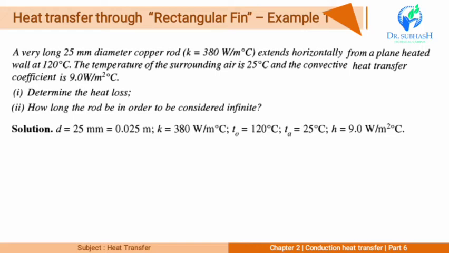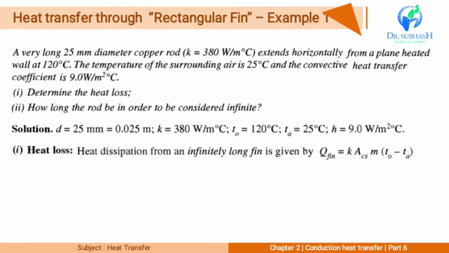Here the length of the rod is not given and we want to determine the heat loss. For the heat transfer, considering case number 1, the fin is infinitely long, so we have the equation of heat loss: Q fin is equal to k A m into (T0 minus TA), that is the temperature difference.